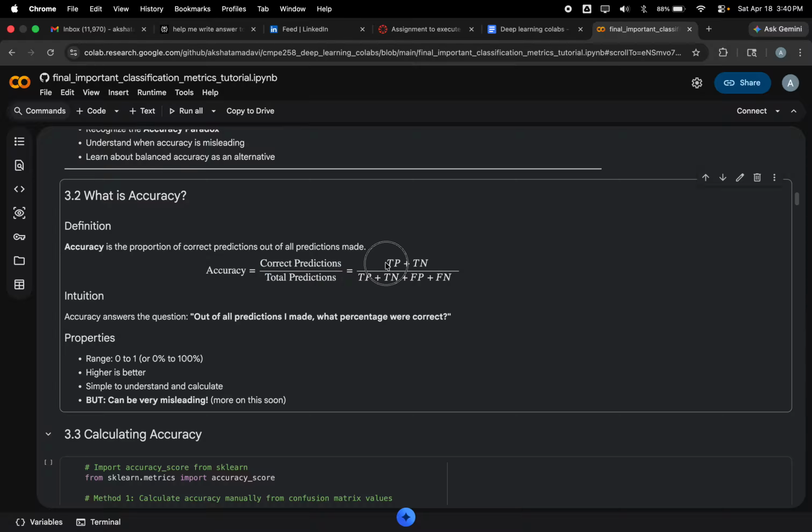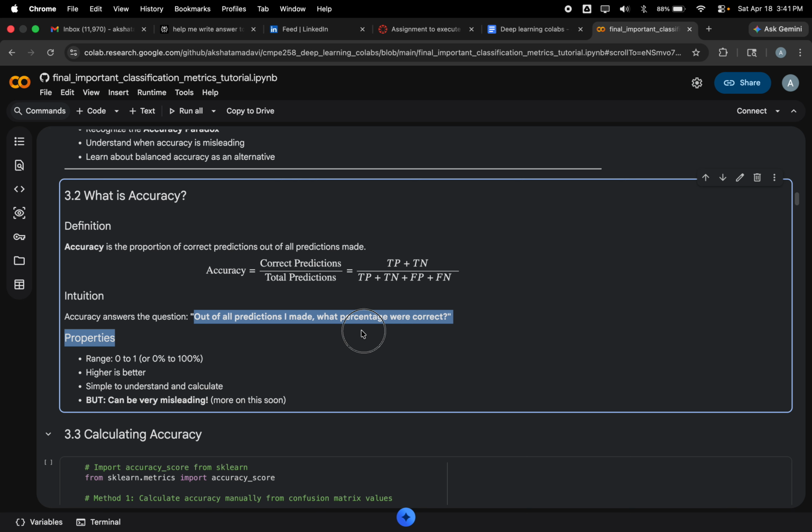Correct predictions, as we just saw, are the true positives plus true negatives which the model has predicted correctly, divided by the total number of predictions. The intuition is, out of all the predictions I made, what percentage were correct. It covers both classes, positive and negative. So this is how we calculate the accuracy.